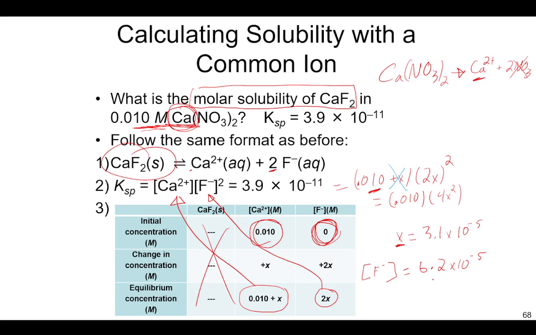And I can lastly think about what is the ratio of fluorides to parent calcium fluorides. Well, there's a 2-to-1 ratio here. So I have to divide this equilibrium amount by 2 to get the molar solubility of calcium fluoride.